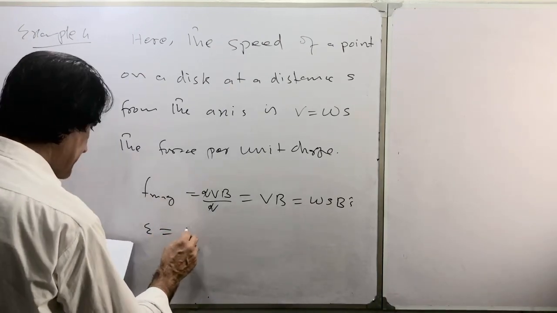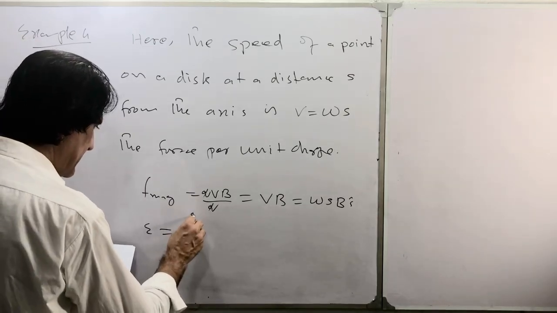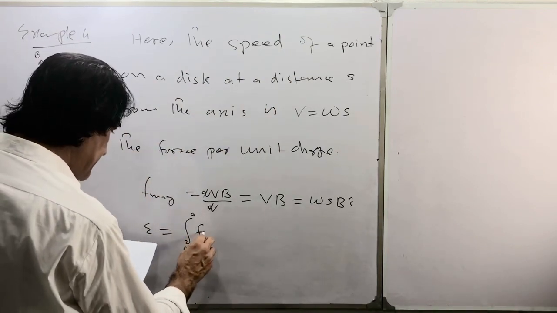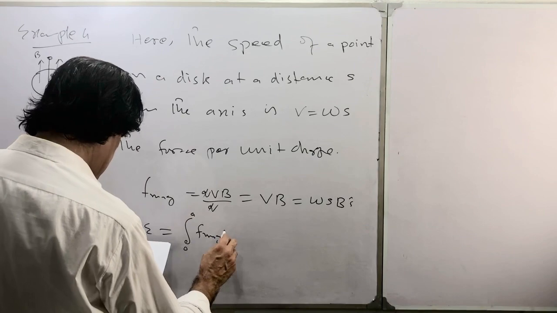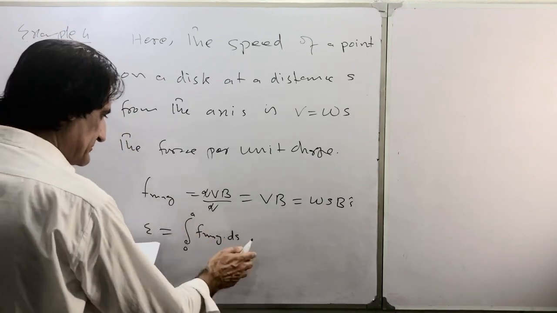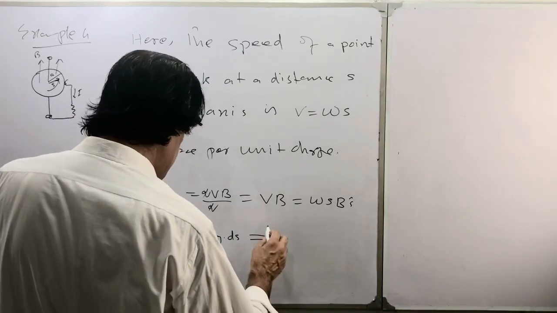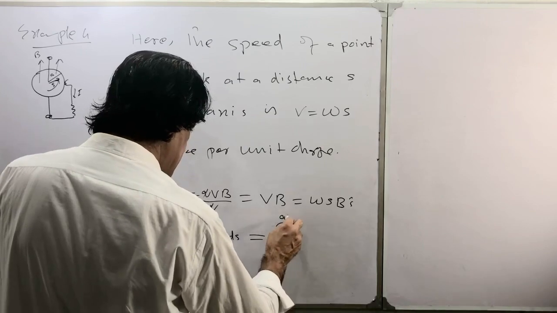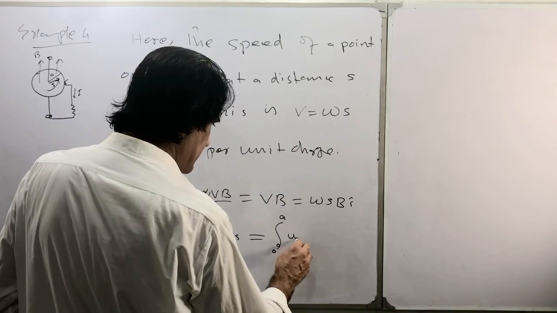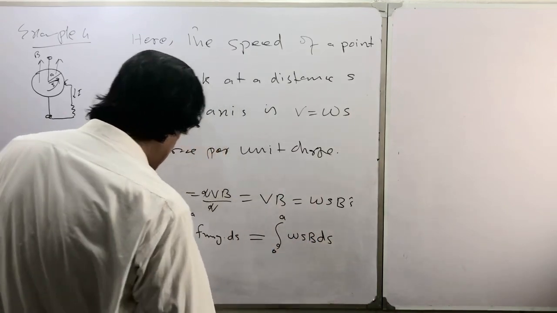The EMF must be equal to the integral from 0 to a, because this is the radius, of the magnetic force dot ds. If we remove the dot product, the integral from 0 to a of omega s B ds.